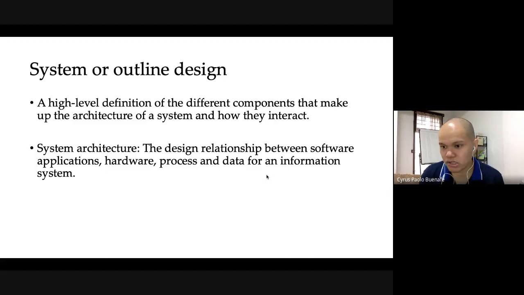If you've had an opportunity to deal with solution architects or enterprise architects, normally they have a huge amount of input in an outline design or a system design because of its high level nature, right? It's like a 10,000 foot view of everything. You just want to make sure that everything is working well at the outset. You're not really too concerned about the nitty-gritty details as long as they operate based on expectation. Then okay, that's all you need to know at this stage.